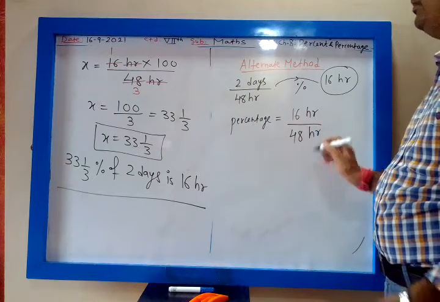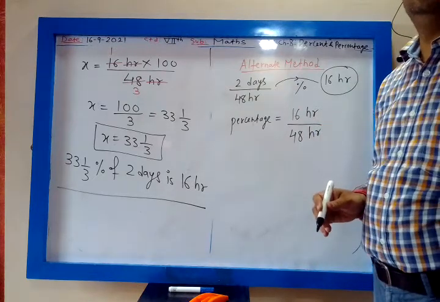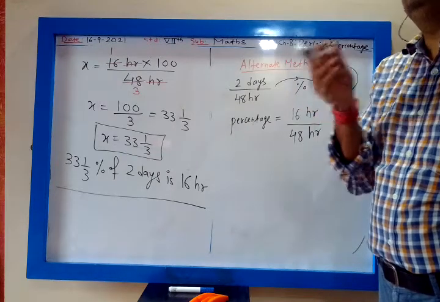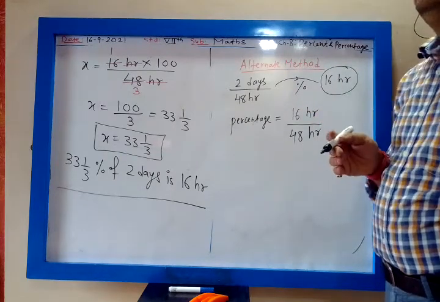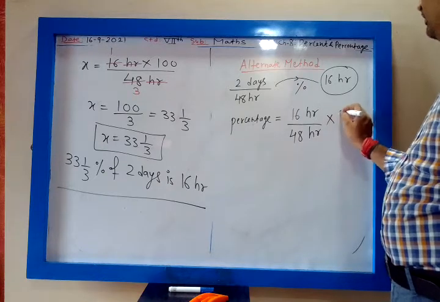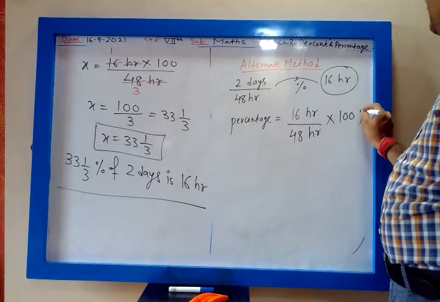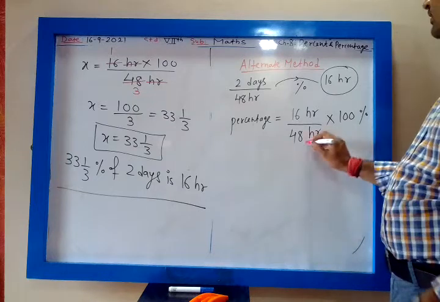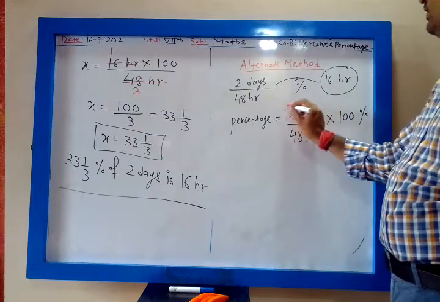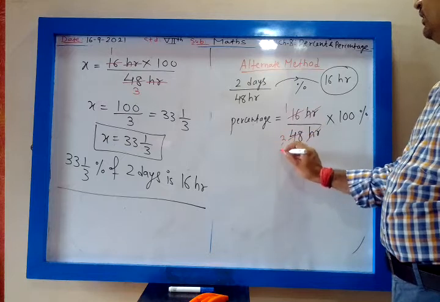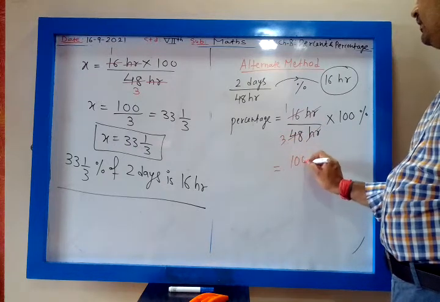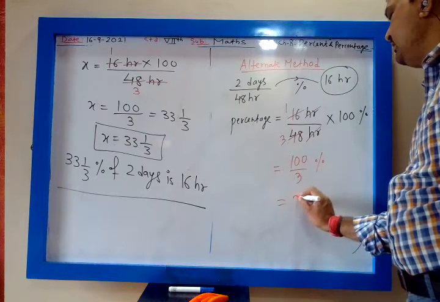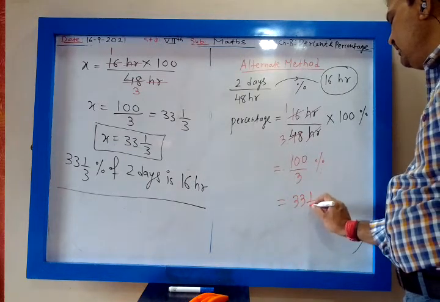And what is 16 upon 48? It is a fraction. So how will you calculate percentage? Multiply by 100%. You will get the percentage. Hours get cancelled. Then 16 1 is 16, 16 3 is 48. So that is 100 upon 3%, and that is the same as 33 1 by 3%. You can directly calculate.